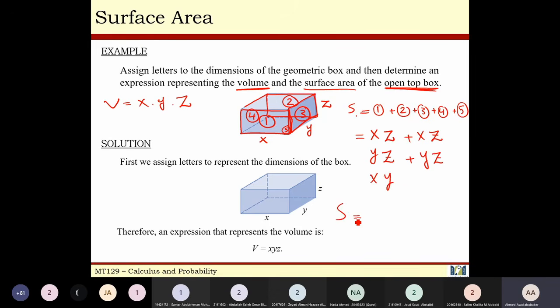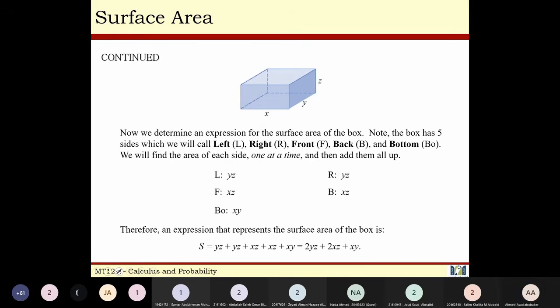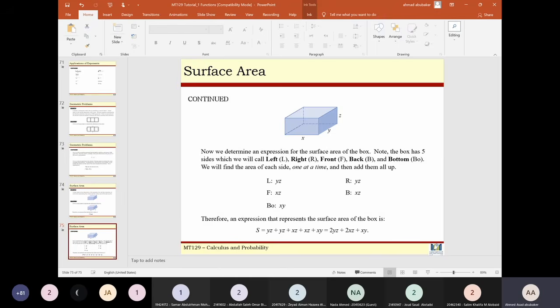So the surface area equals 2xz plus 2yz plus xy. This is the surface area. Okay. So this is for chapter 1, sorry. This is for chapter 1.